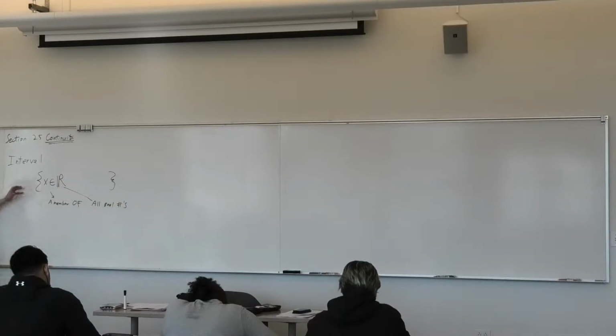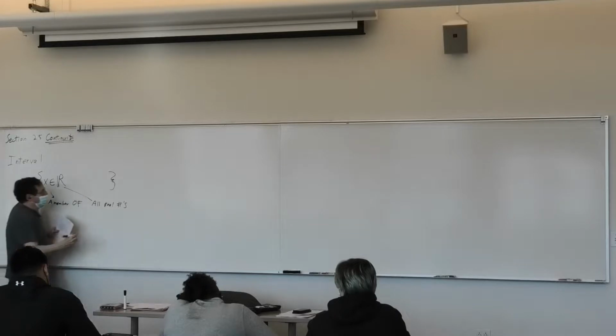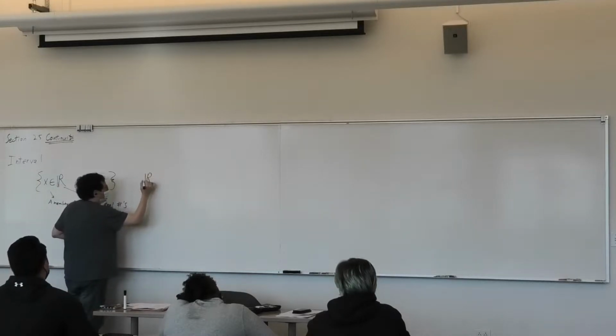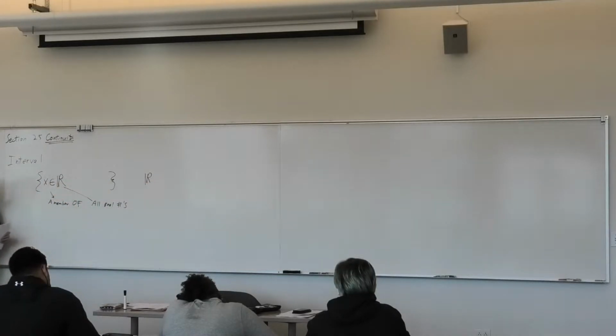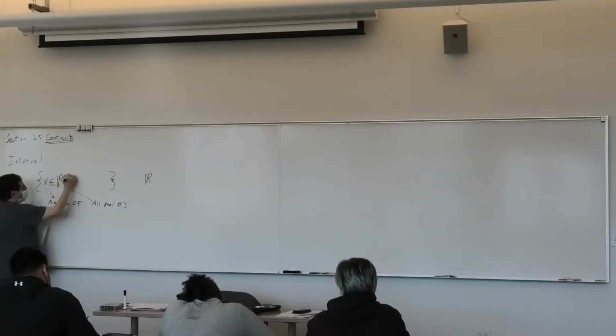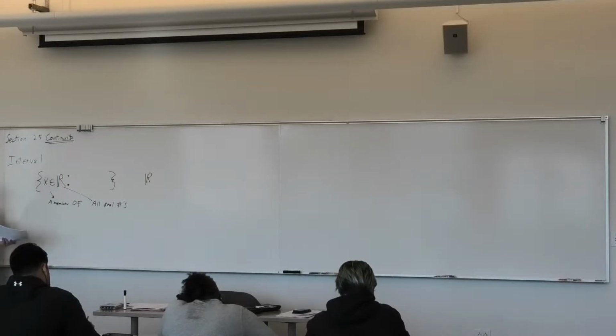That might suffice if I meant all real numbers. This is the set of all real numbers. I might simplify this. I might just write this. That's all real numbers. But I might want to be a little more specific. So I might put a colon here, which means such that.